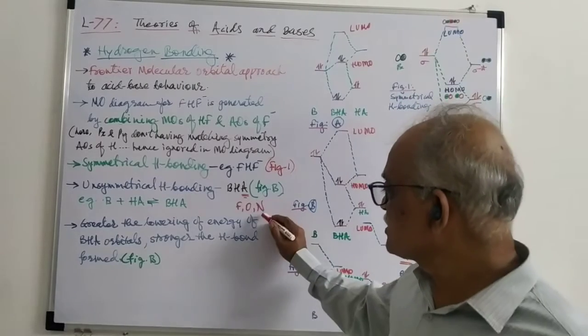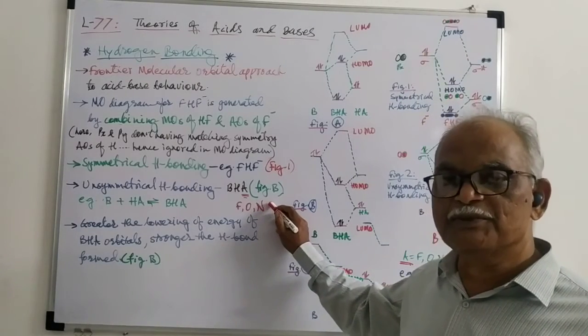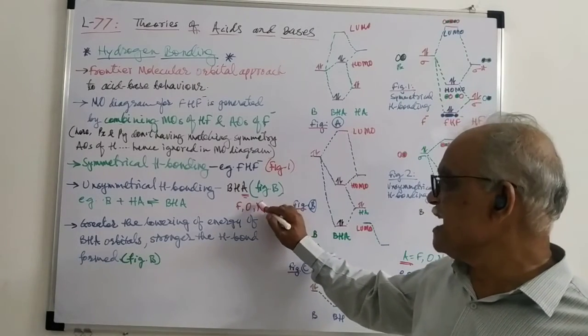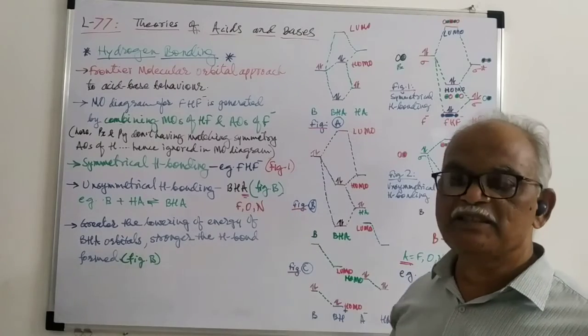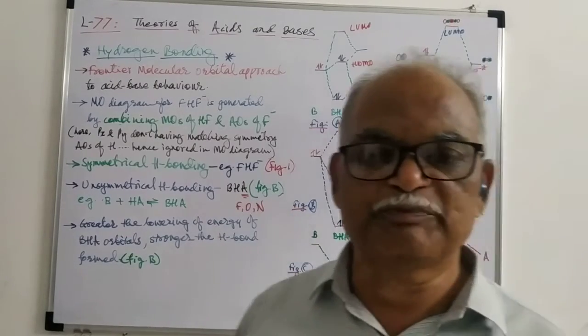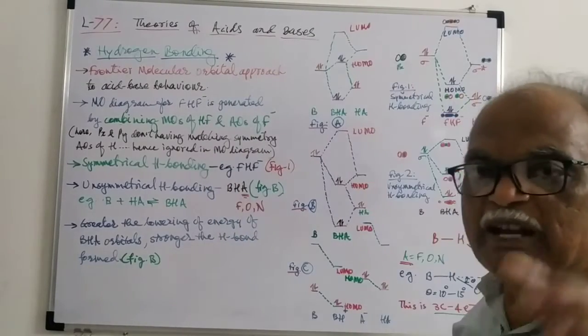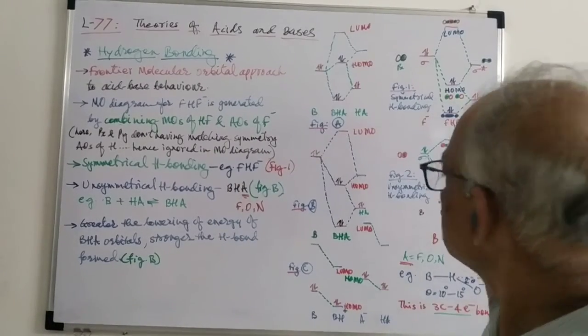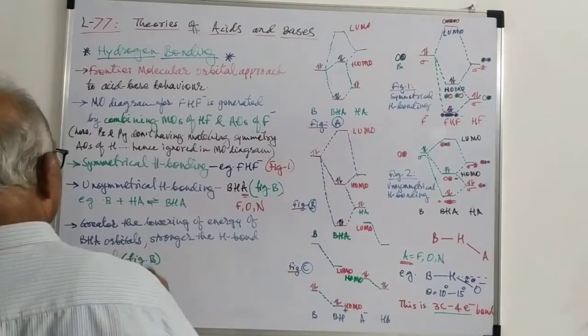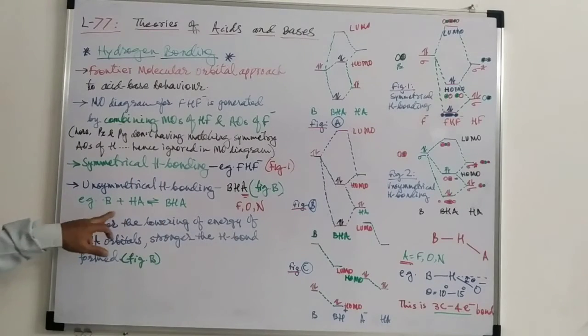But if we use less electronegative atoms here as A, then the strength of the hydrogen bond produced will be relatively weaker. So this can be understood by using some diagrams and this equation.